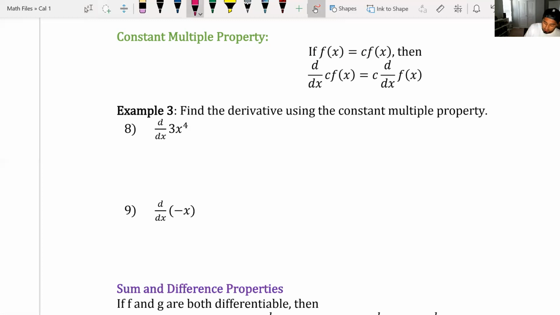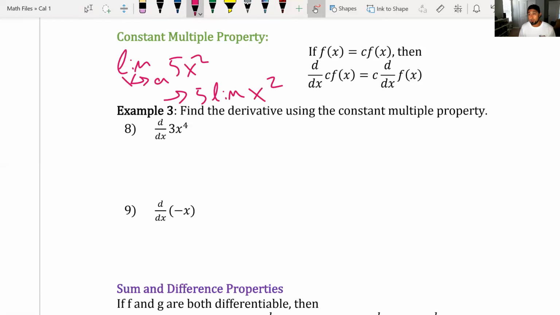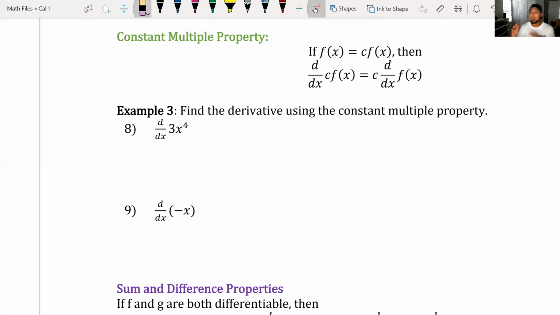Remember, for limits, if you have the limit as x approaches some number of 5x squared, you can take that 5 and move it to the front. You can make it 5 times the limit of x squared. So we can do the same with derivatives. We can take that coefficient and move it to the front. You see, there's all these connections here, right? All these connections.